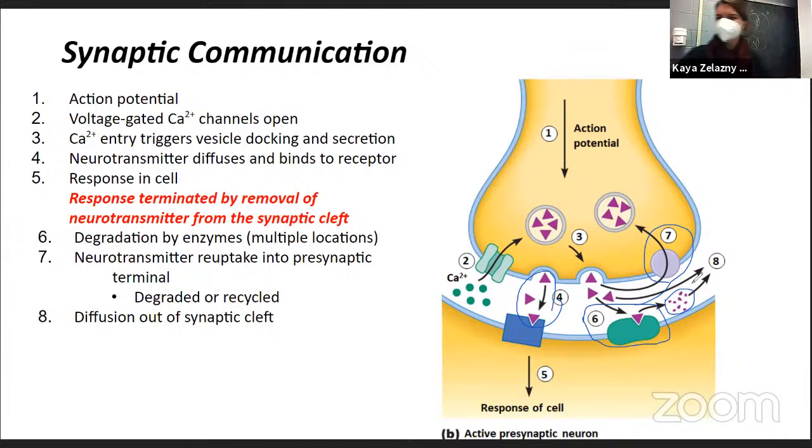It could be recycled. We often think about it being recycled when we're thinking about reuptake, but it could also be degraded within the presynaptic neuron itself. And everything that's left, maybe some of our neurotransmitter is just diffusing out of the synaptic cleft.